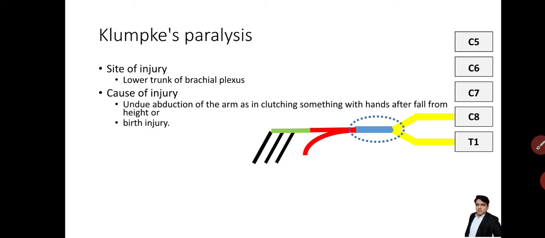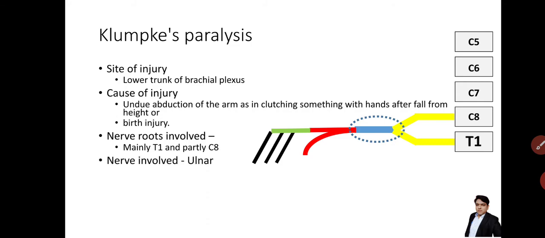Then in case of birth injury, nerve roots involved are mainly T1 and partly C8. So T1 is mainly involved. The nerve involved is mainly the ulnar nerve, this one.